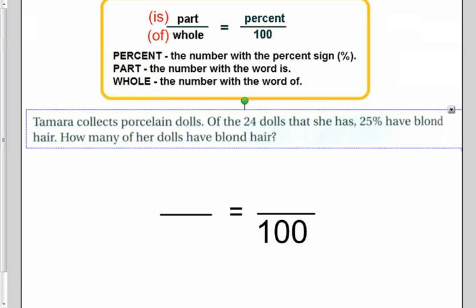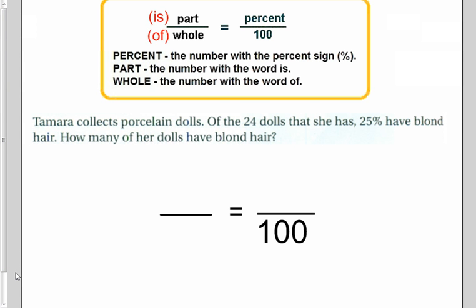Let's try another one. Tamara collects porcelain dolls. Of the 24 that she has, 25% have blonde hair. How many of her dolls have blonde hair? So first we see that percent. So that is our ratio out of 100, 25 out of 100. Of the 24 that she has total, that is our whole.